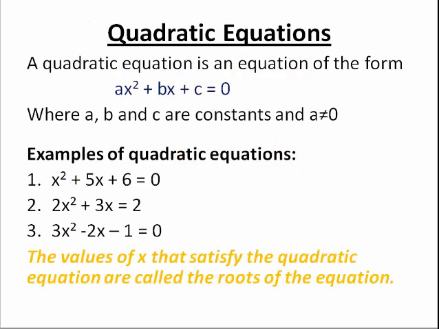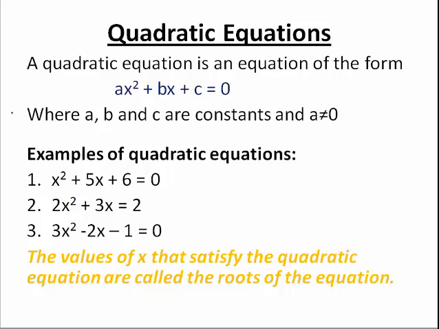Okay, a quadratic equation is an equation of the form ax squared plus bx plus c is equal to 0, where a, b, and c are constants, and a is not equal to 0.